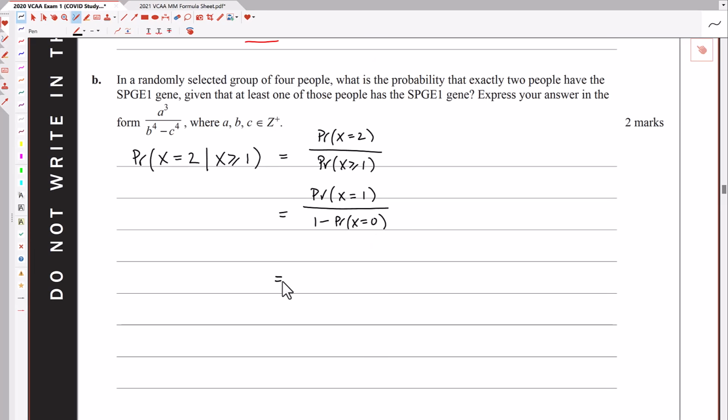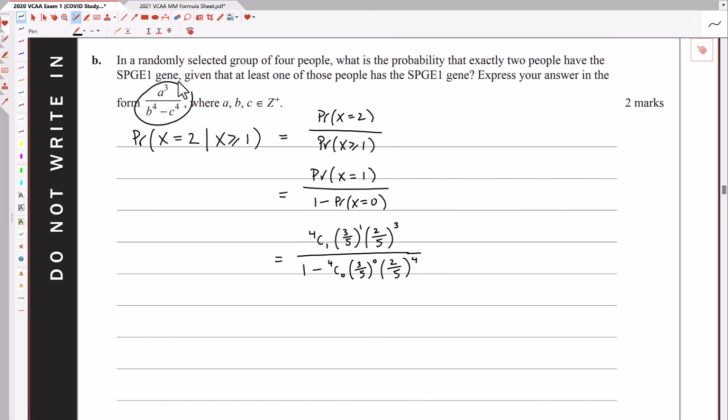Okay, so then we're going to need to work some things out here. So probability that x equals 1 is going to be 4 choose 1 times 3/5 to the power of 1 and times 2/5 to the power of 3 over 1 minus 4 choose 0, 3/5 to the power of 0 and 2/5 to the power of 4. Quite a lot of simplifying to do here.